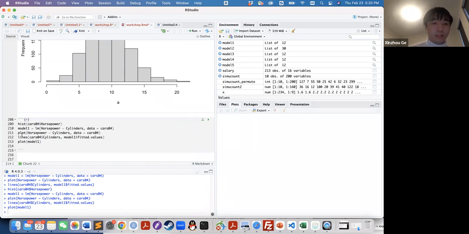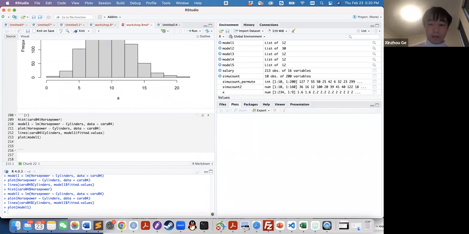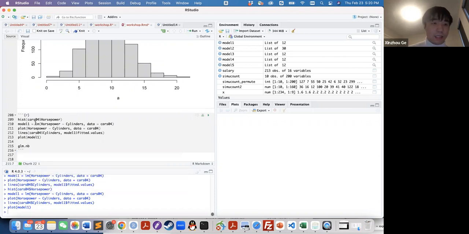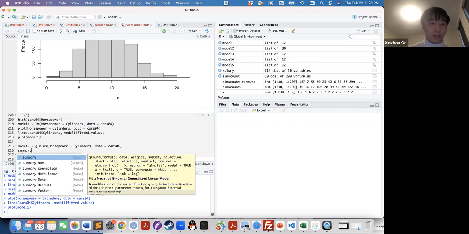So how to use glm.nb? We can just use it in similar ways as the linear model. So we just copy this, and we only need to change the lm into glm.nb, and look at the results.